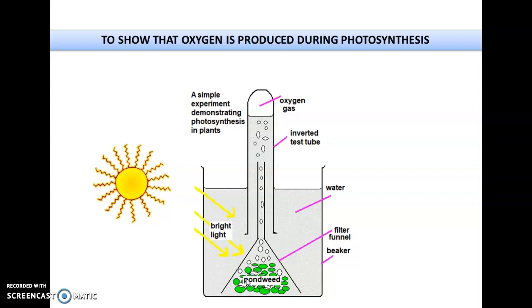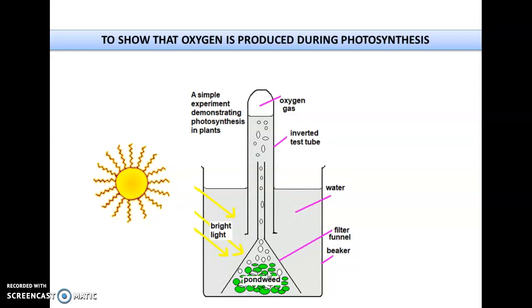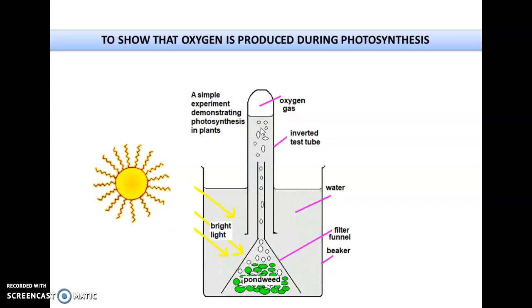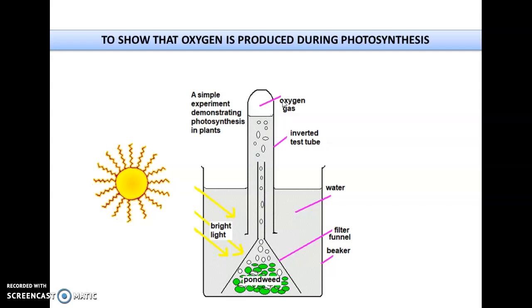So when this pond weed, which is a plant, uses the sunlight and performs photosynthesis, it releases oxygen. This oxygen collects at the tip of the inverted test tube. When we bring this test tube near a flame, it enhances the burning. This shows the presence of oxygen, which is released during the process called photosynthesis.